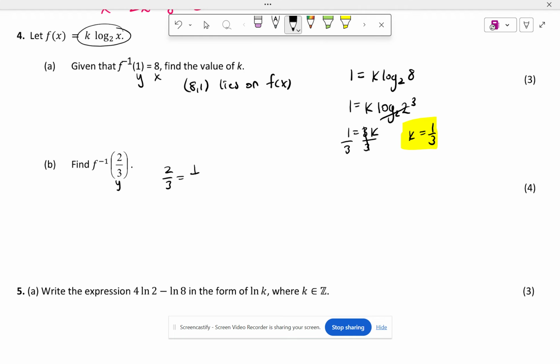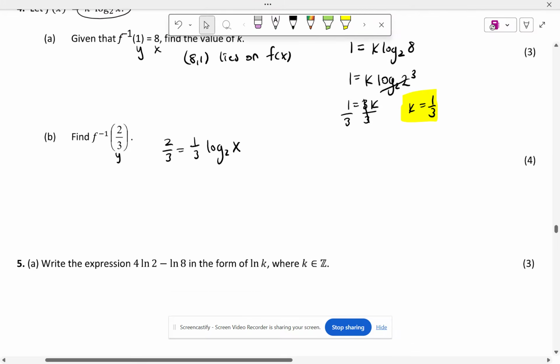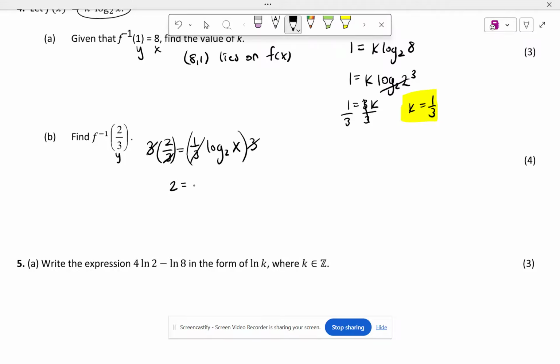So now I've got 2/3 is equal to, putting in the 1/3 for k that I just found, log base 2 of x. The easiest way is probably to multiply both sides by 3. That will clear the denominator of 3 here. So I now have 2 is equal to log base 2 of x.